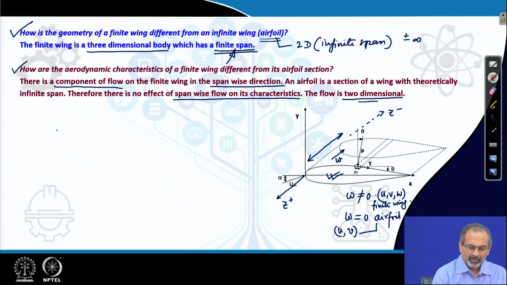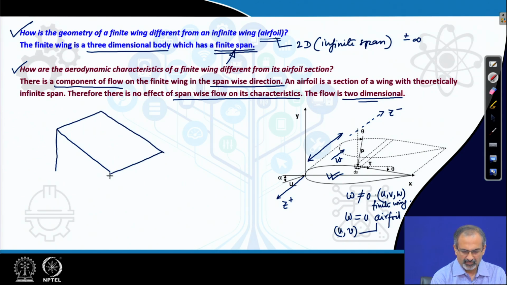Now, going back to the wind tunnel test section, what would it mean when we try to do some experiments? The other day, we had drawn an airfoil model which spanned from one side wall to another.